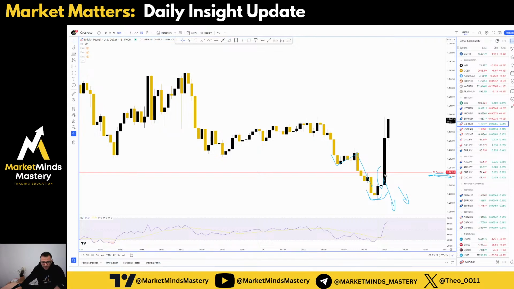But this one here, usually it's a misleading price action after a breakout on a lower time frame. So please keep this in mind, because it helps to have a more advanced understanding of how the market operates.